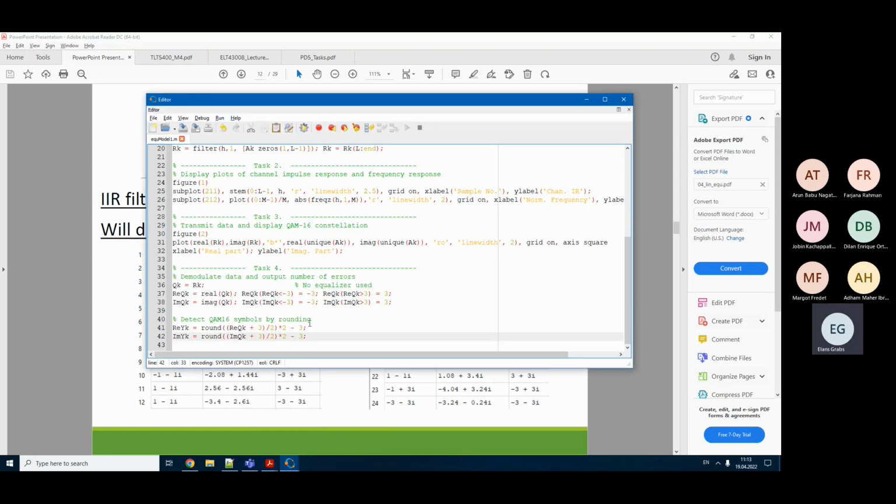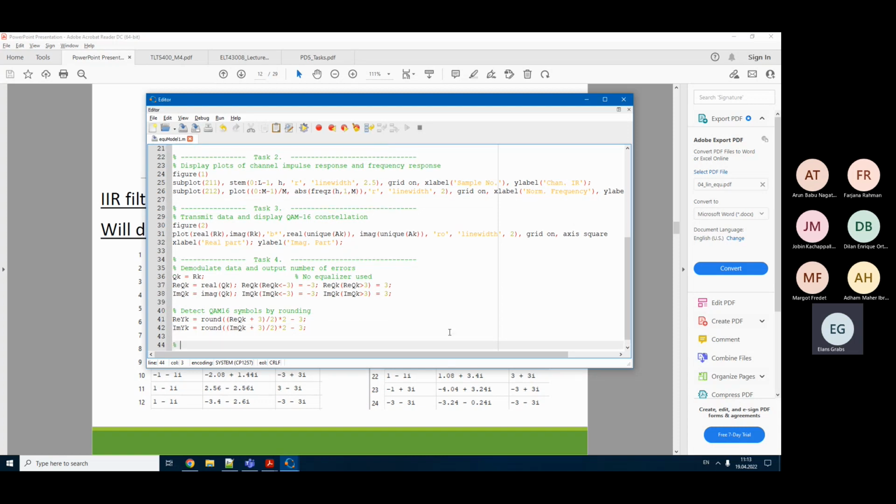So considering that we have no equalizer used, we don't even need to worry about any delay. So let's see. And finally, we need to have this, specify detected.